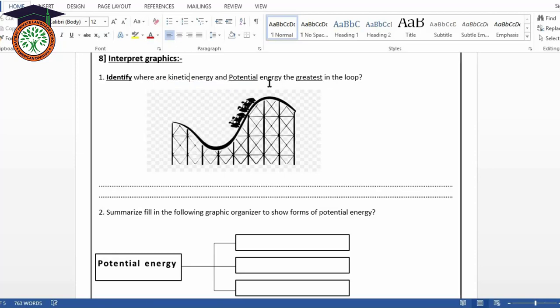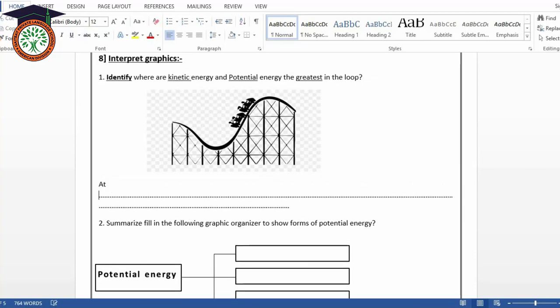Okay, so let's see the last one here. Identify where kinetic energy and potential energy are the greatest on the hill. I'm sorry, this is missing kinetic energy. So when is the kinetic the greatest? Yes, it's here, at the starting point, when it goes down or when it goes up. At this point the kinetic energy is the maximum, while at this point the potential energy will be the greatest.